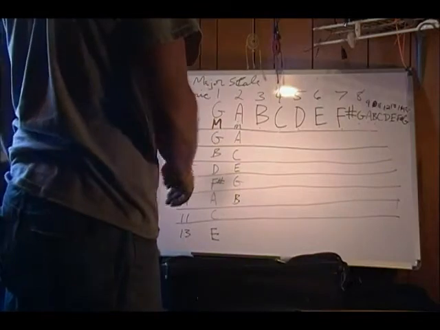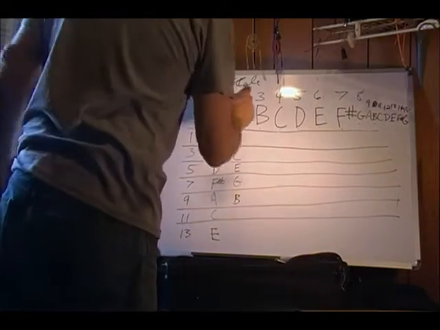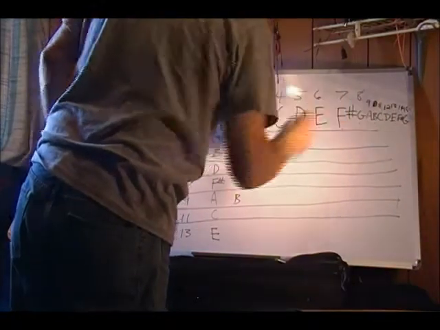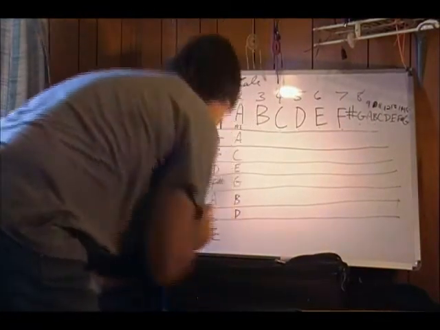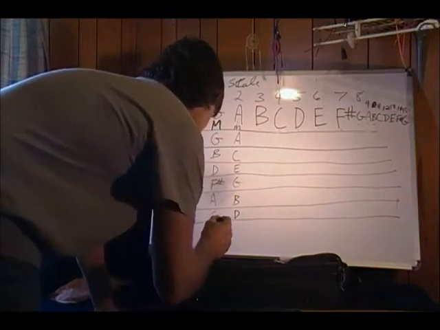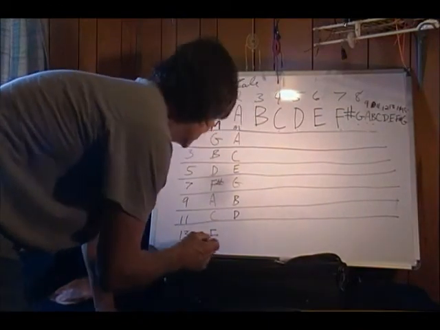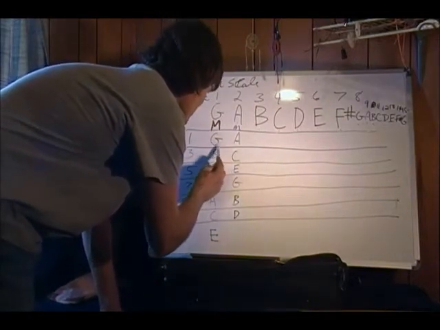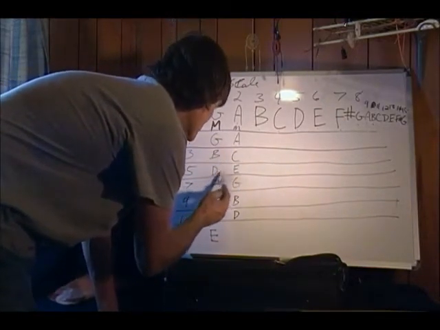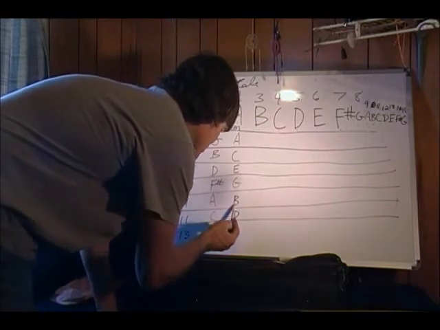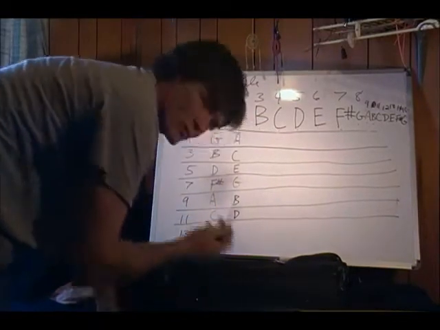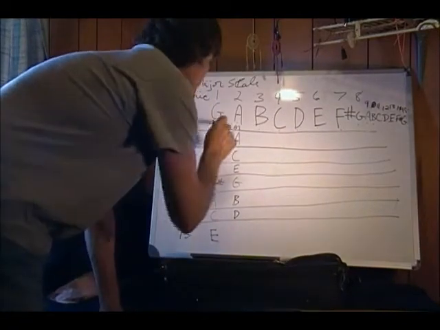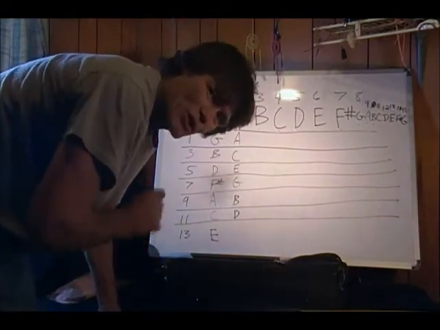How about A minor 11? 1, 2, 3, 4, 5, 6, 7, 8, 9, 10, 11. A D. Now, you can start to see how these notes are progressing: G to A, B to C, D to E, F sharp to G, A to B, C to D. What's the odds that the 13th in A minor 7 is an F sharp?